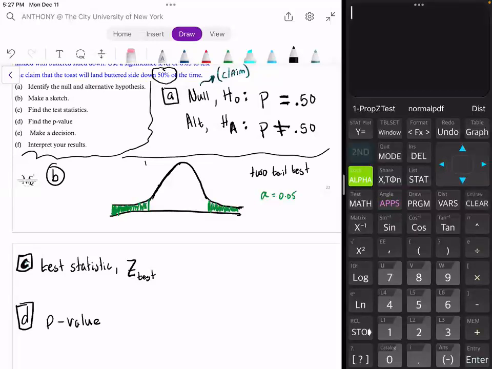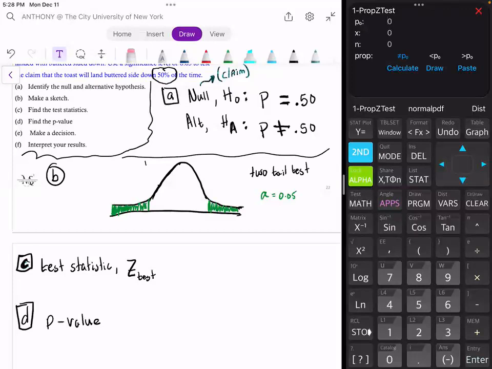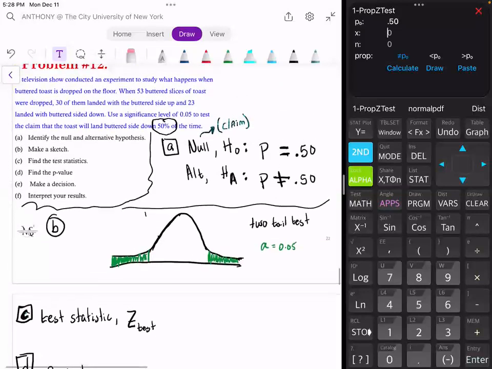I did stat, tests, one proportion Z test. What I have to enter in the box is four things. The first thing I enter is what the population proportion is equal to, which is 0.5. I enter the value of X. What X represents is the toast that landed butter side down.